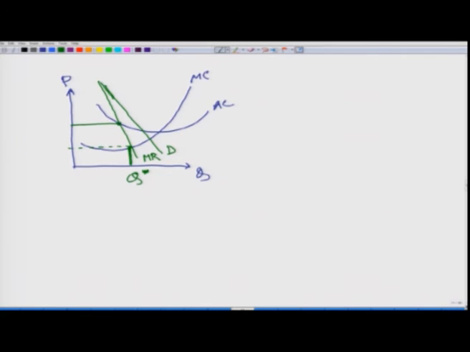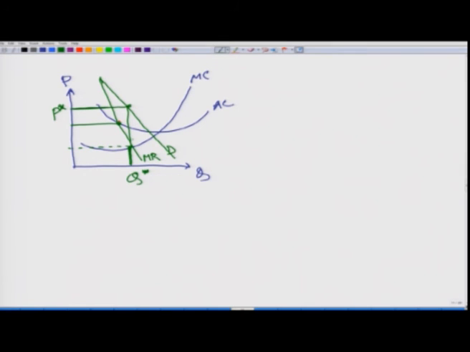But at the same time, they will set the price where the demand meets the quantity, and based on the demand curve they will set the price, because at the demand curve it's the equilibrium, so P star and Q star.